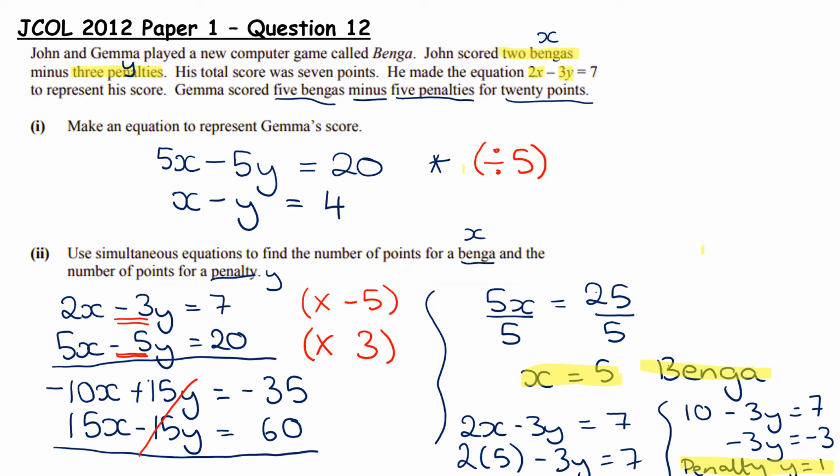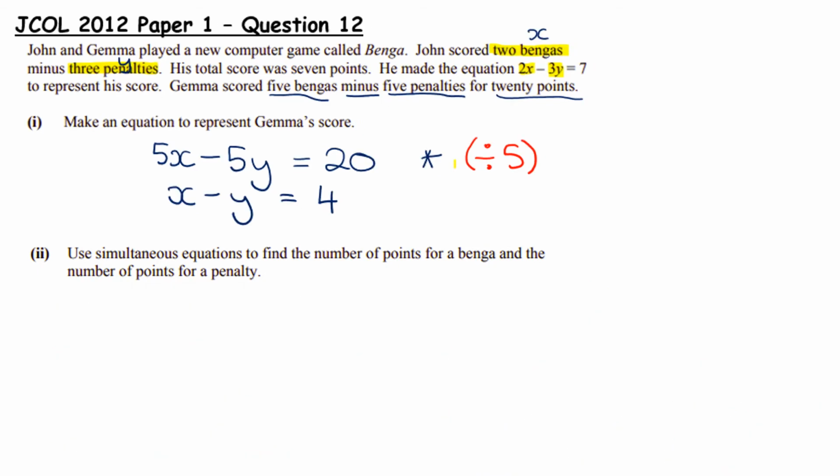Yes, because as long as we're keeping the balance, as long as we're doing the same thing to both sides, then that's absolutely fine. How would this have impacted the second part of the question? Now the two equations are 2x minus 3y equals 7 and x minus y equals 4.